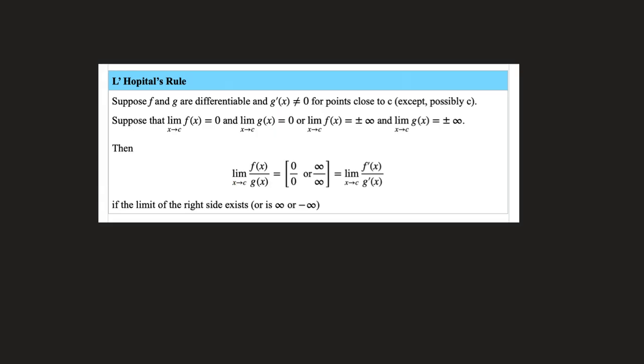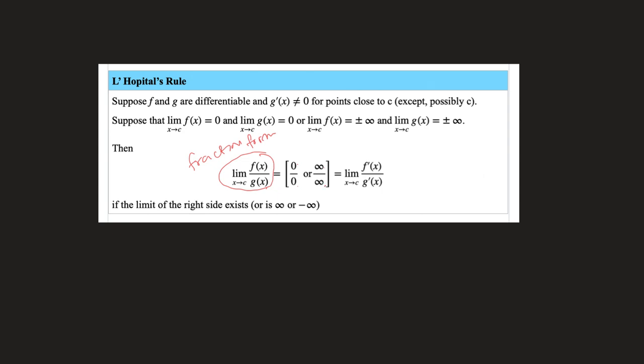What is L'Hopital's rule? Look at this first part: the limit is always a fraction form. You have to remember that. Fraction form, f(x) over g(x). We talk about the indeterminate form 0 over 0 or infinity over infinity.